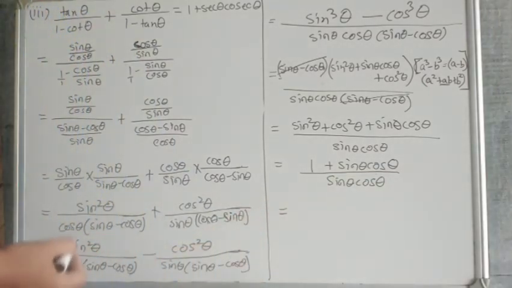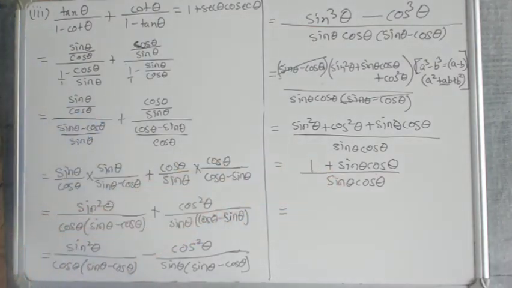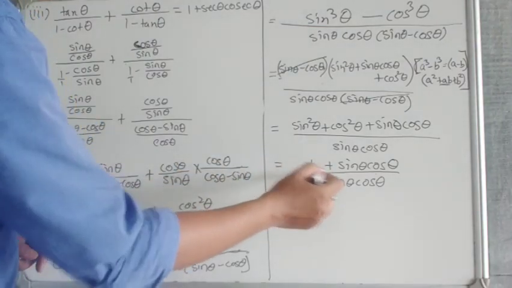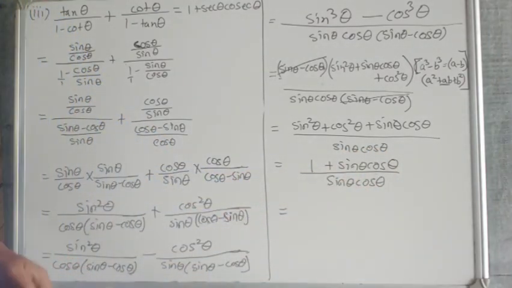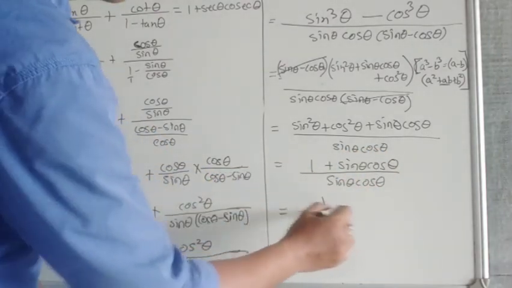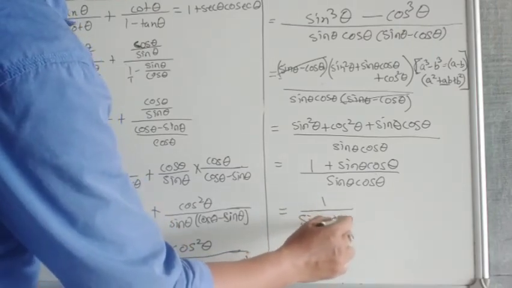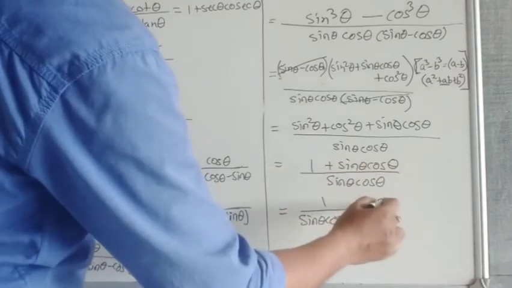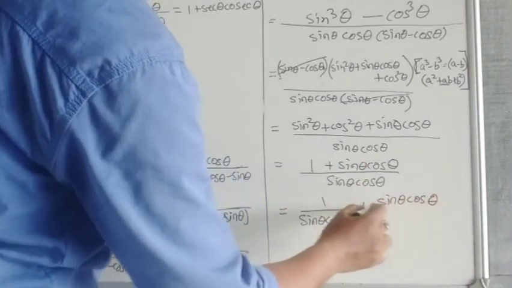After this, now see, splitting. This part we will do splitting. So see how we will do. This 1 also will be with this, and this whole set also will be with this. So 1 by sin theta cos theta plus sin theta cos theta by sin theta cos theta.